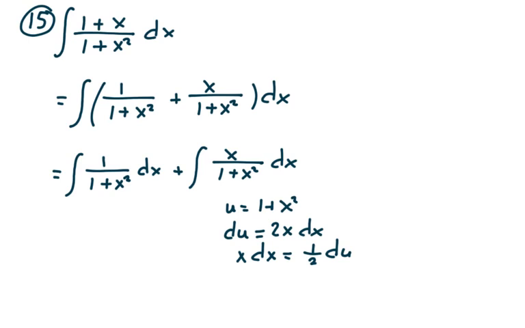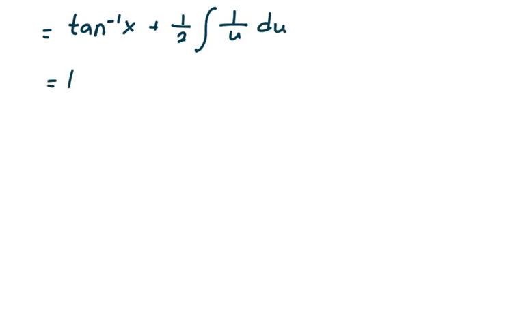Now, on the next page, I get arc tangent x plus 1/2 the integral of 1 over u du, which is arc tangent x plus 1/2 natural log of the absolute value of u plus c.